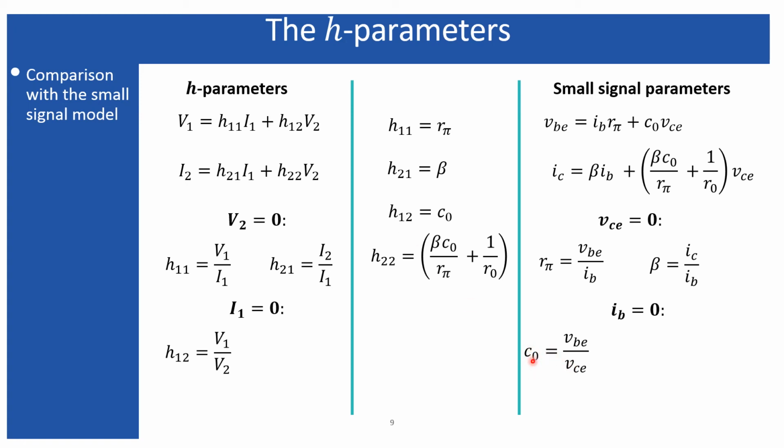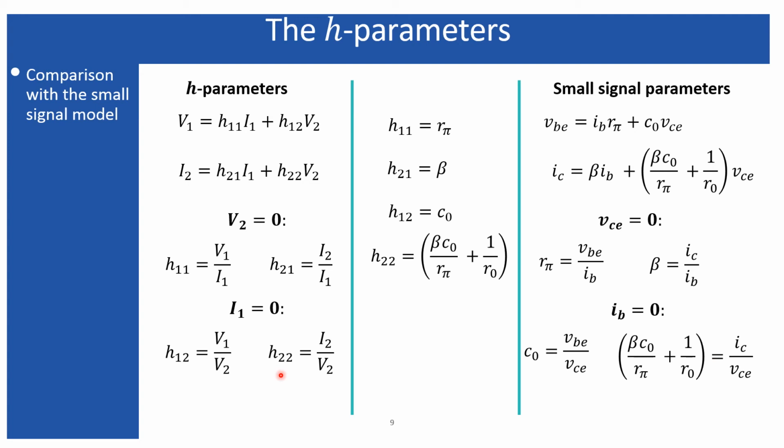C naught appears due to the early effect, and it was related to the ratio of VB to VC. As I told, VB is equal to VC times C naught, and that was only due to this early effect. So here also the same thing is indicated by C naught, and H12 is nothing but that. If there is a feedback of the output voltage and the effect appears at the input, the ratio is defined by H12.